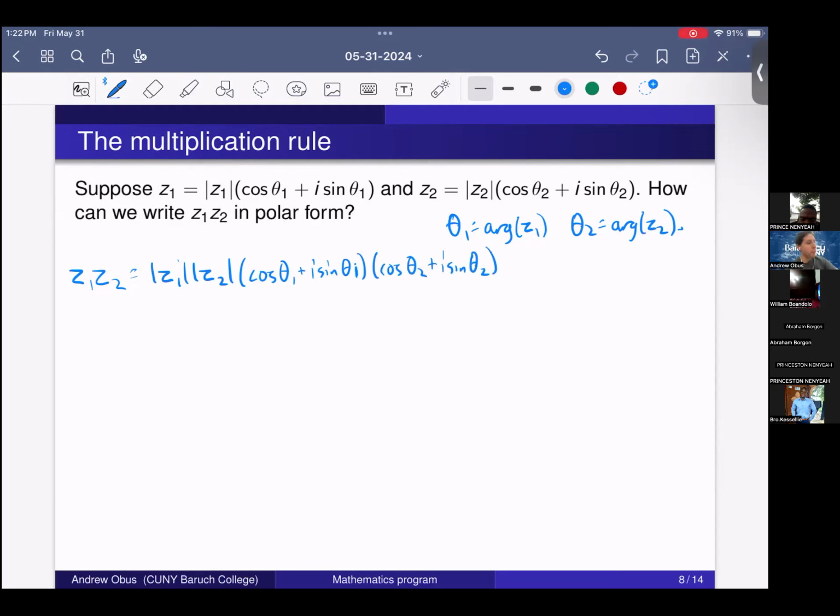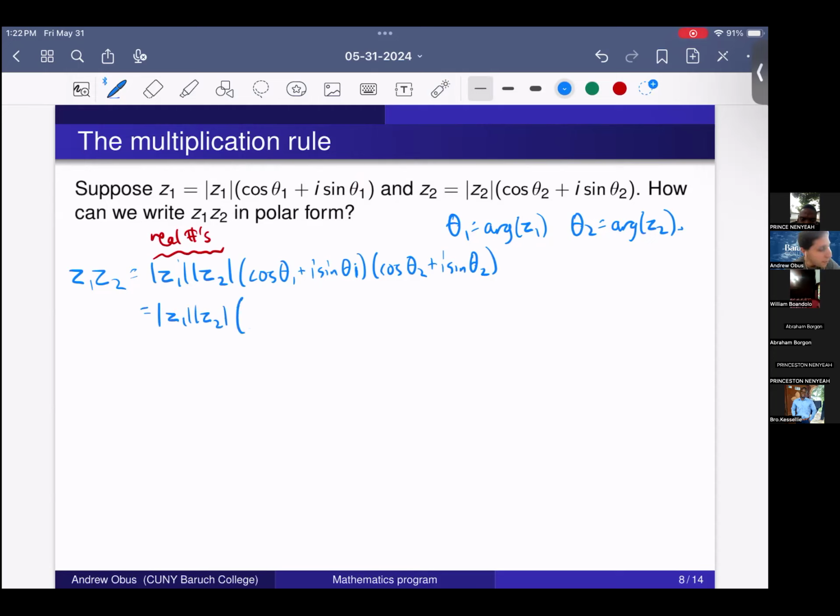Right? This is what happens if I multiply it all together. Now, these absolute values are just real numbers, so I can just multiply the absolute values. That's fine. So this is equal to still just the absolute value of Z1 times the absolute value of Z2.